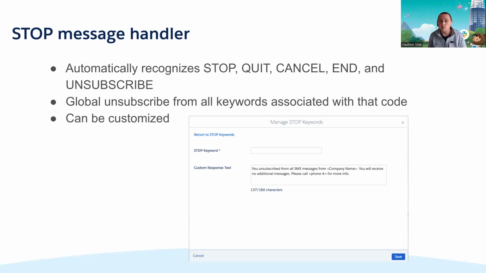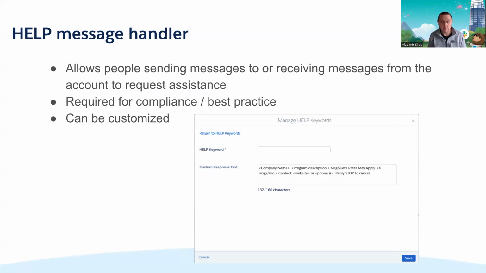That's a very simple message handling, where we automatically recognize things like stop, quit, cancel, and unsubscribe. Essentially we're just unsubscribing from the whole number. So once the person is unsubscribed from a mobile message, they effectively unsubscribe from all conversations across all the keywords within that particular code itself.